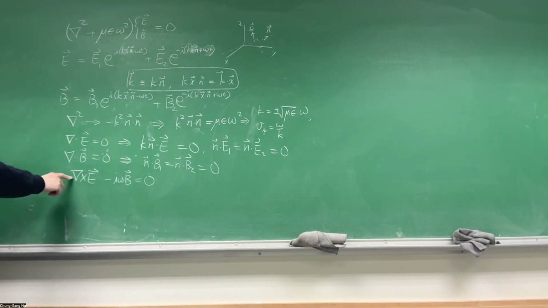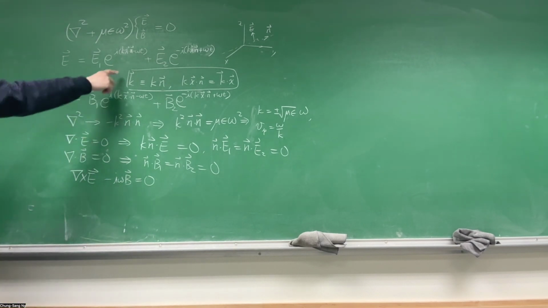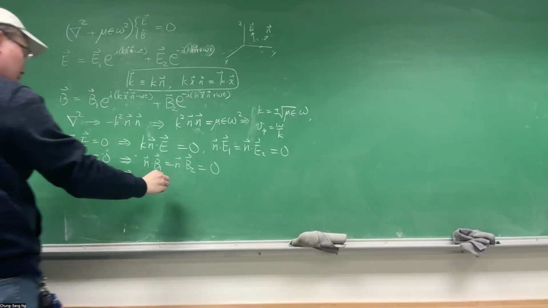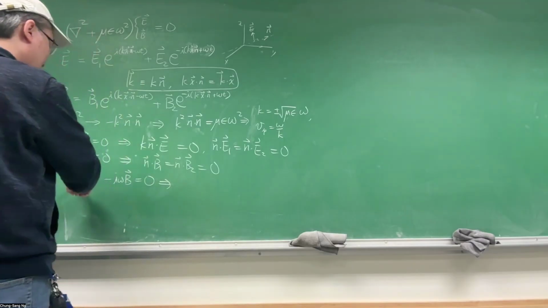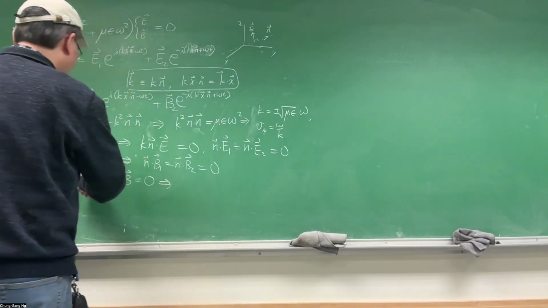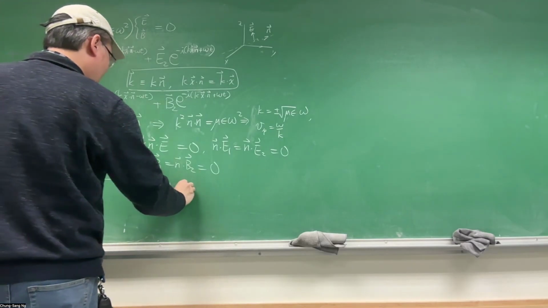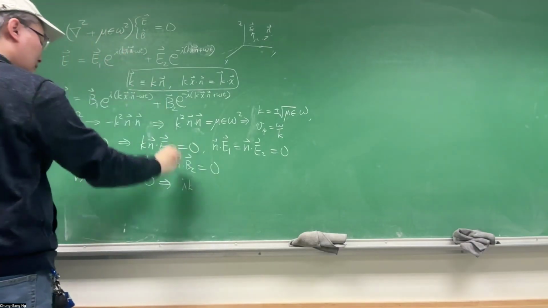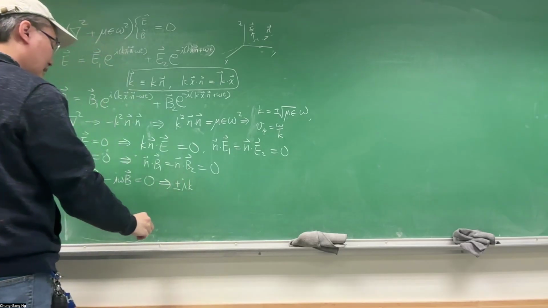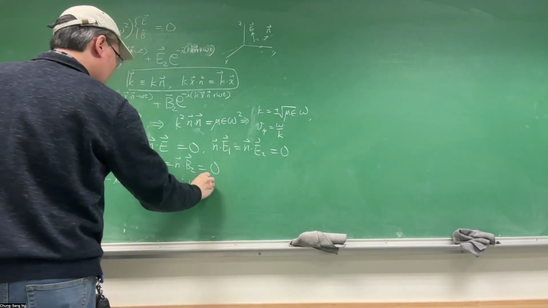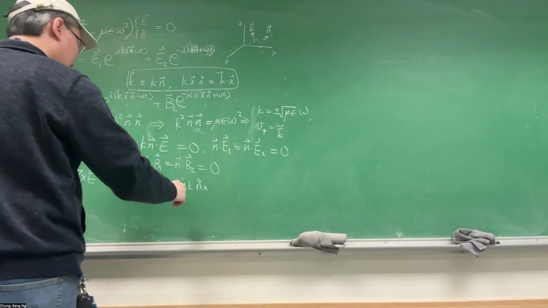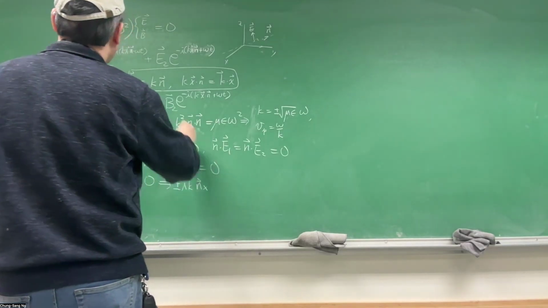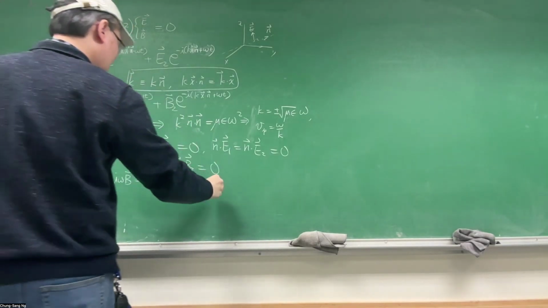Similarly, the curl, when you operate on this kind of exponential dependency, we pull out ik n, but it crosses into E. So k for the two terms can be plus or minus n cross the electric field.